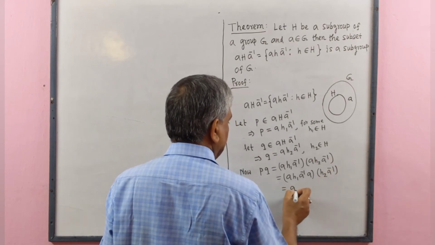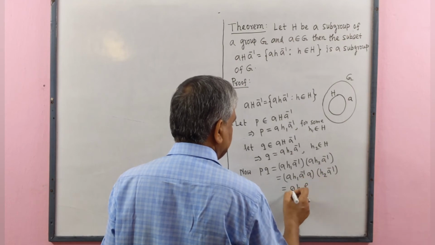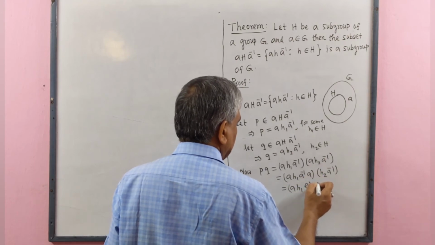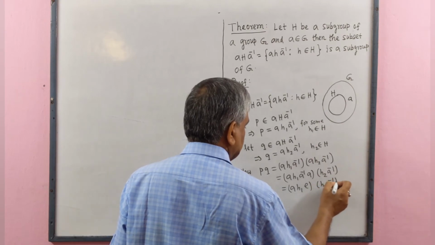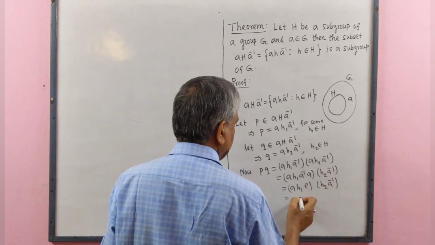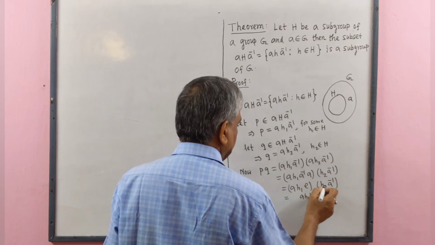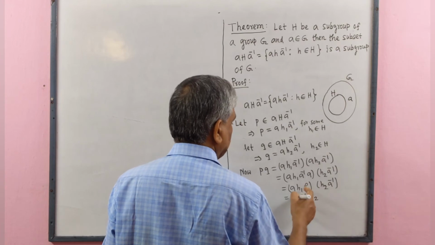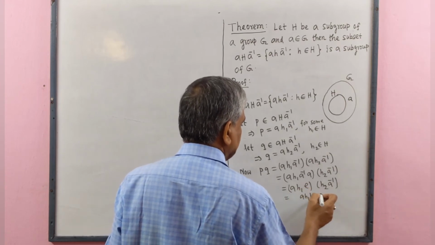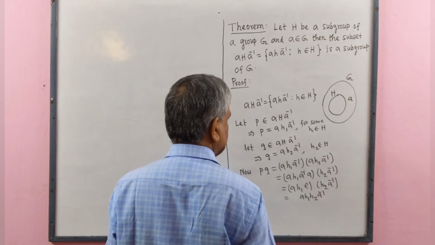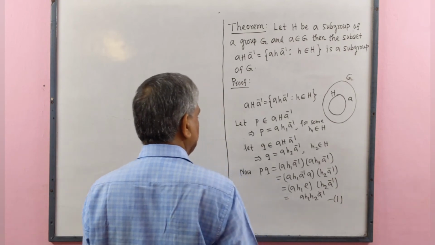This is equal to a h1, and a⁻¹a is the identity element, then h2 a⁻¹. This is equal to a h1 h2 a⁻¹, since h1 times the identity element becomes h1. Let this be number 1.